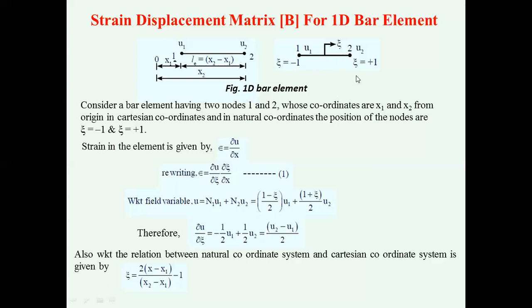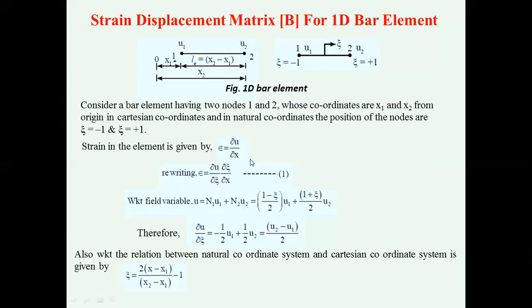Now let us consider the strain in the element, given by epsilon, which equals dou u by dou x. This equation is derived in theory of elasticity. If you have not studied elasticity, just remember the strain along x direction is given as dou u by dou x.